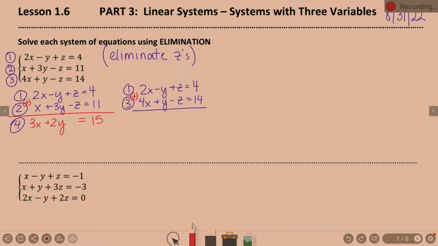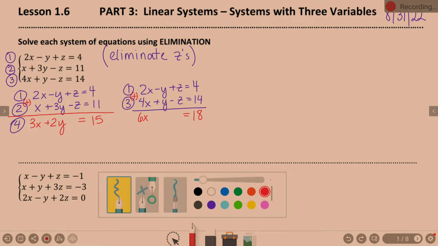They're going to cancel when I add, correct? 2x plus 4x is 6x. Negative y plus y is nothing. This was not exactly supposed to happen. This is an added perk. Z plus negative z cancels. Carry my equal sign down. 4 plus 14 is 18.